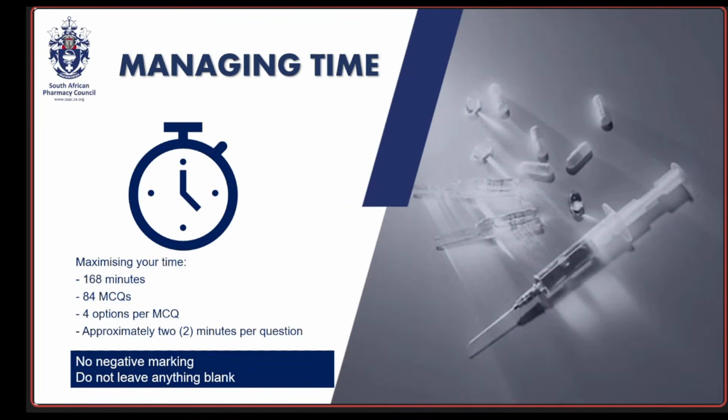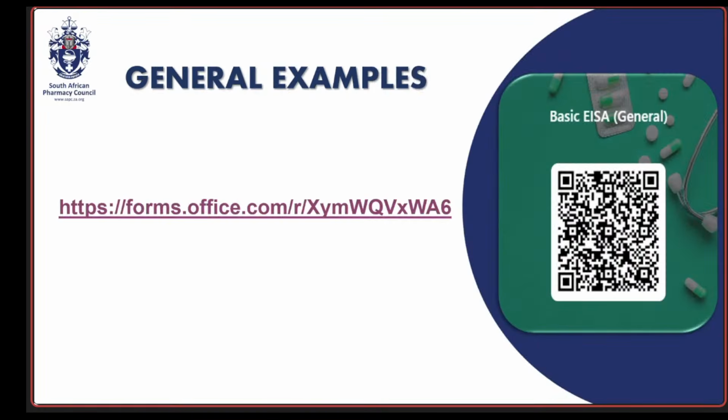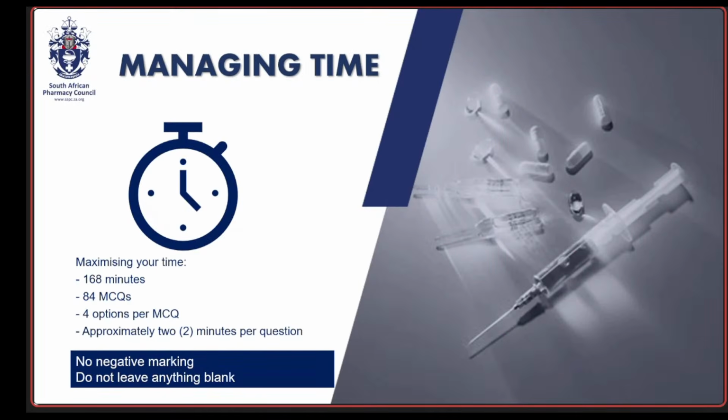You have to manage your time. As you know, you have 84 multiple choice questions for this general part. You have only 168 minutes and there's 4 options. So you have to read through the question, make sure that you understand the question, look at all the options, and then you have to evaluate those options. And you have approximately 2 minutes per question. So with some questions you will go much faster, and with some of those you will need some more time.